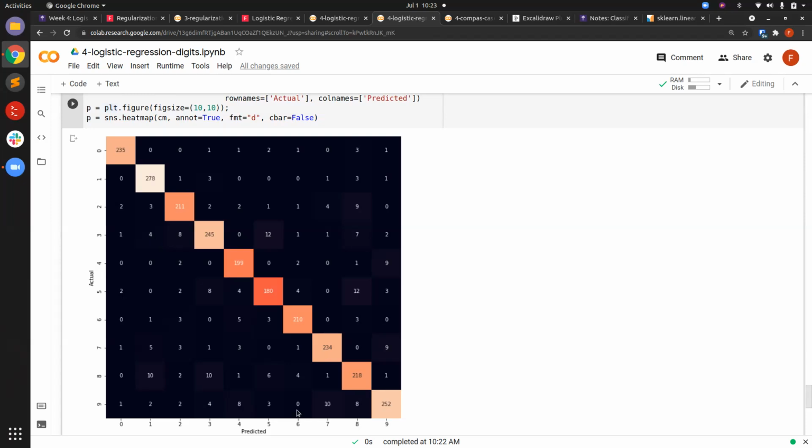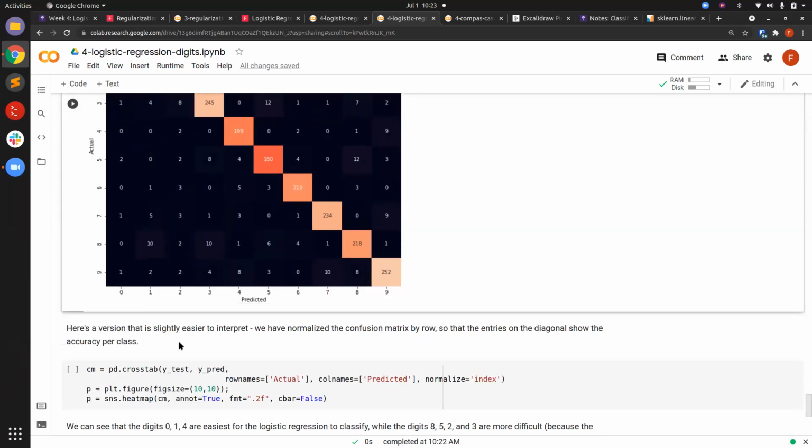And we can see how many are classified correctly. So for example, for the actual values in class 9, we can see 252 were correctly classified as a 9. 8 of them were misclassified as an 8. 10 of them were misclassified as a 7. 3 were misclassified as a 5, and so on.